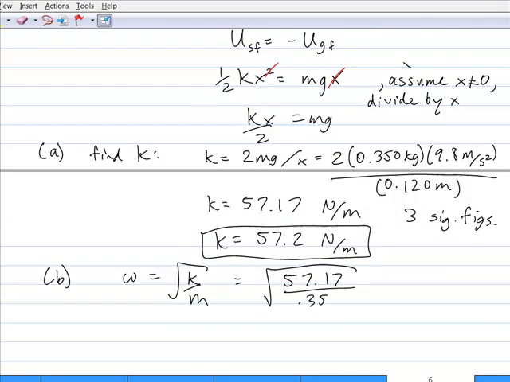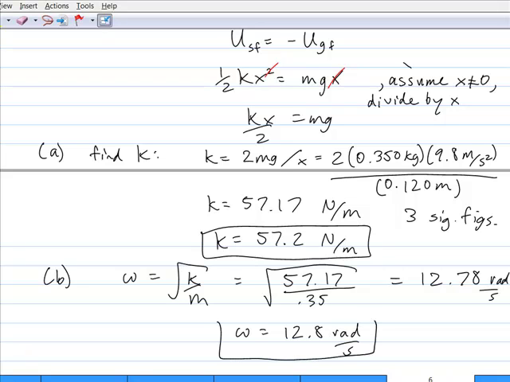And that's equal to, plugging into my calculator, 112.78 rad per second. So to 3 significant figures, I get omega equals 12.8 rads per second.